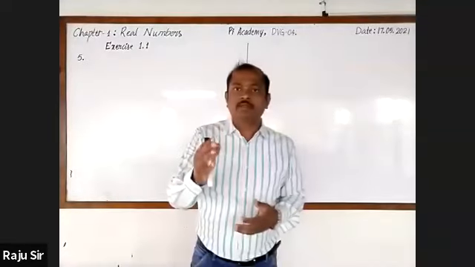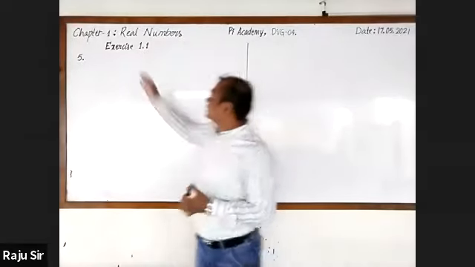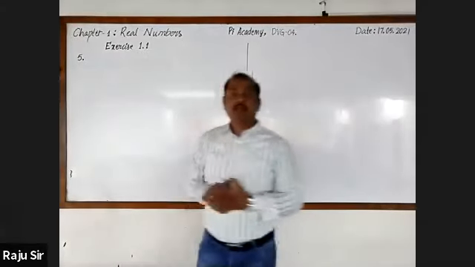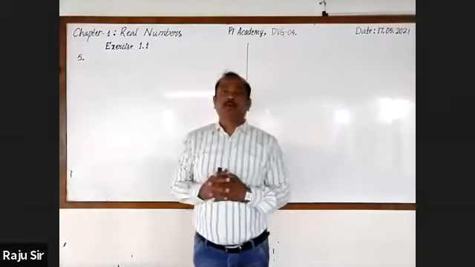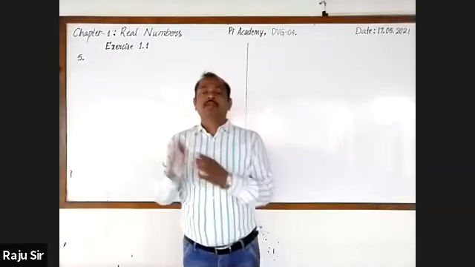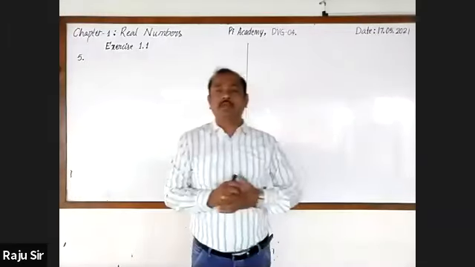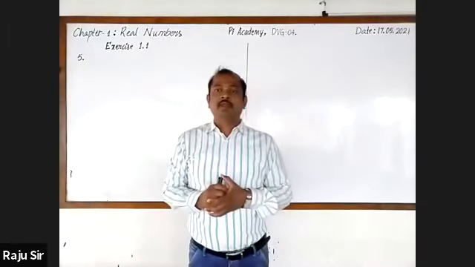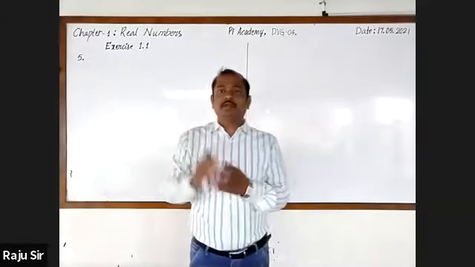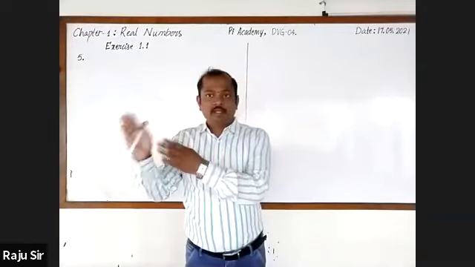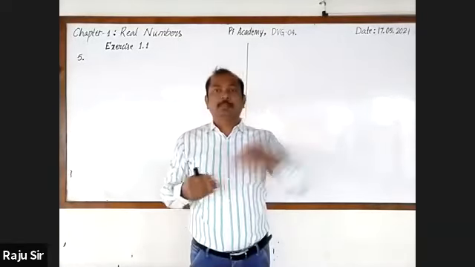You all know that day before yesterday, we were solving the problems in exercise number 1.1, right? In that, the first four were over and it was related to finding the HCF by Euclid's division algorithm. The second type was expressing the even number or odd number in a particular form.